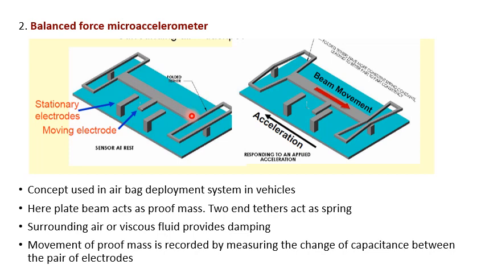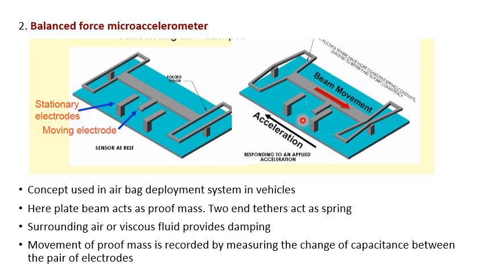To this beam you have an electrode plate attached, and this electrode plate is kept between a pair of fixed electrodes. This shows the arrangement when the sensor is at rest, and this shows what happens when an acceleration is applied.